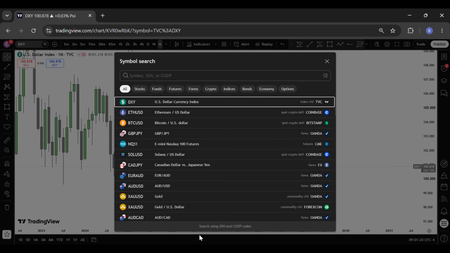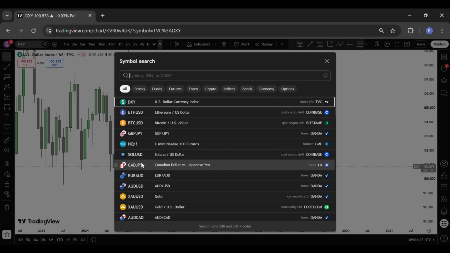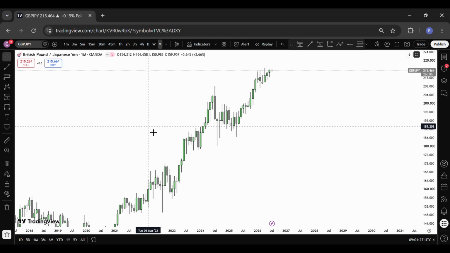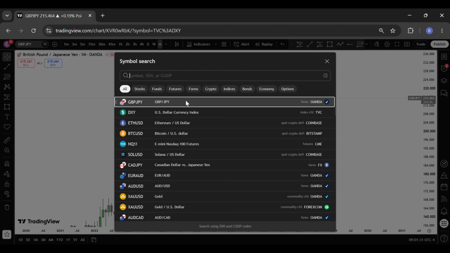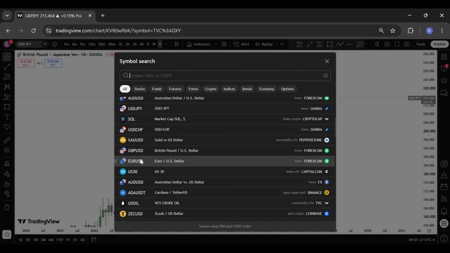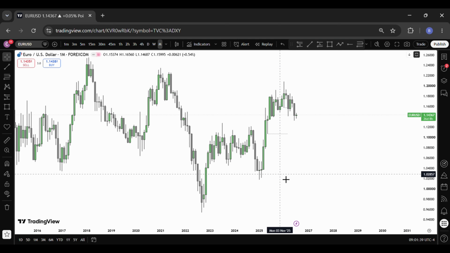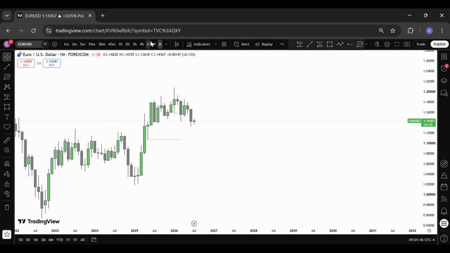So let's go to not Euro USD, but probably GBP JPY. I need something that is actually clear so you guys would really understand what I'm talking about. Or let's go to Euro USD. All these pairs are not really that clear, but they're actually tradable.